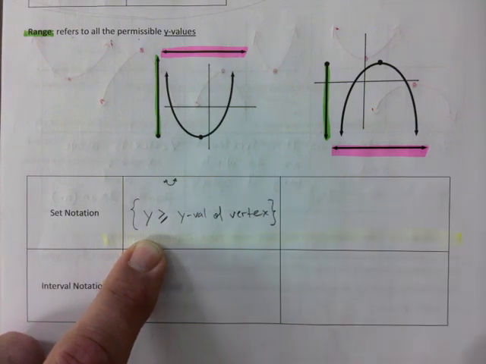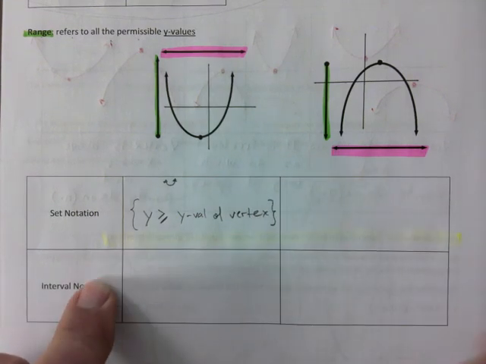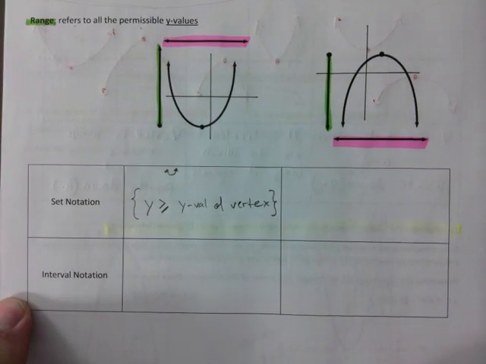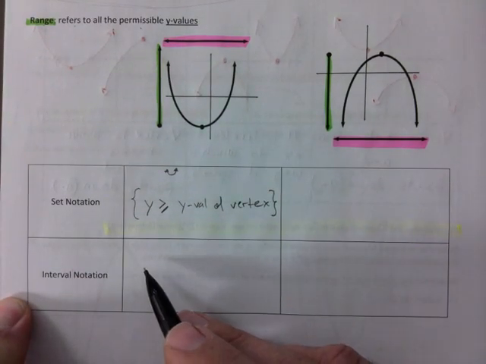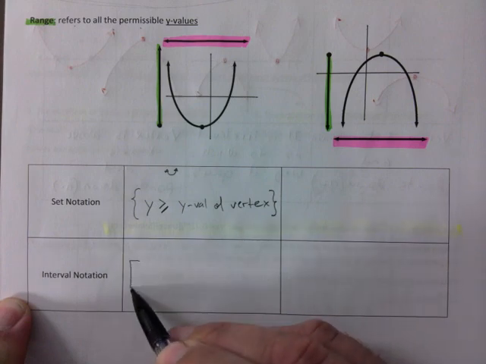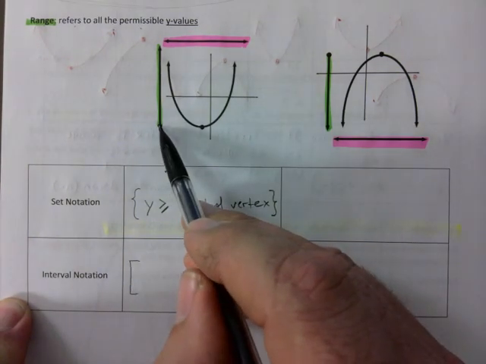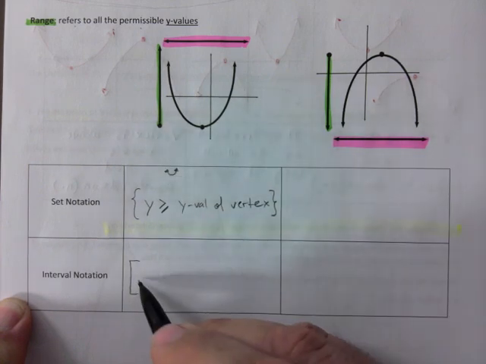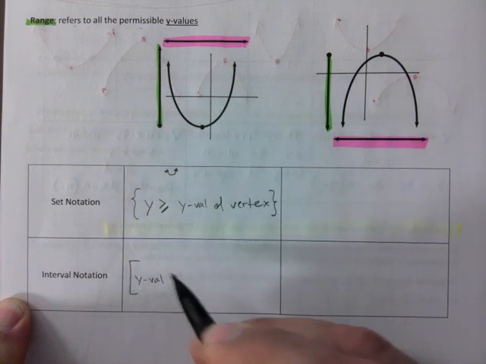Squiggly brackets to close it. Okay. Interval notation would be like this. You would start at the y value of the vertex, right here. Y value of vertex.